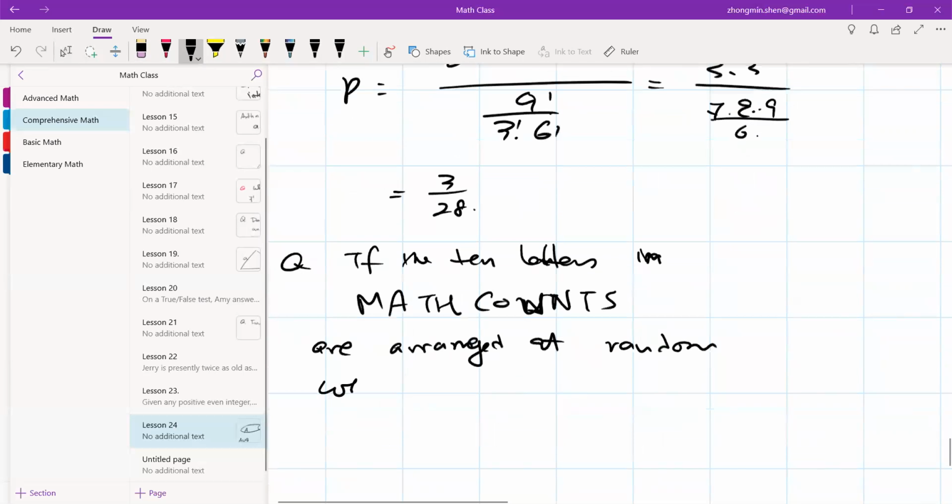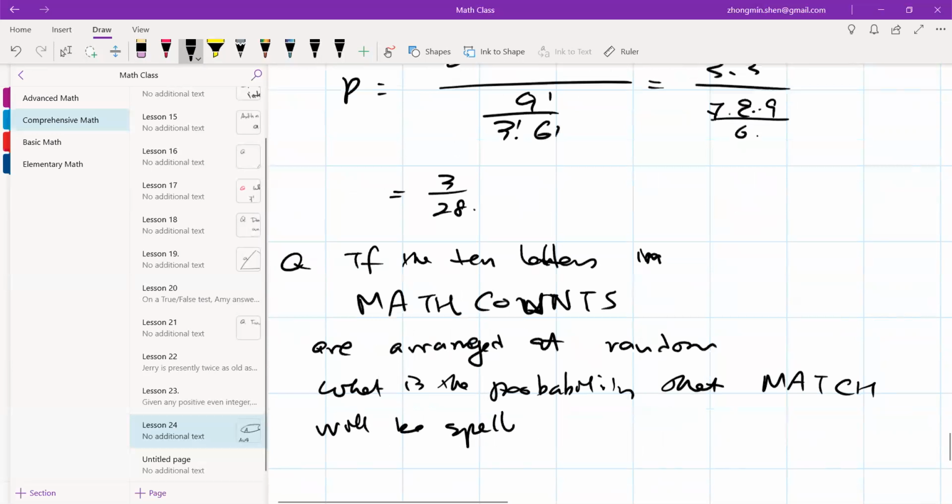So my question is, what is the probability that MATCH will be spelled out anywhere in the arrangement?